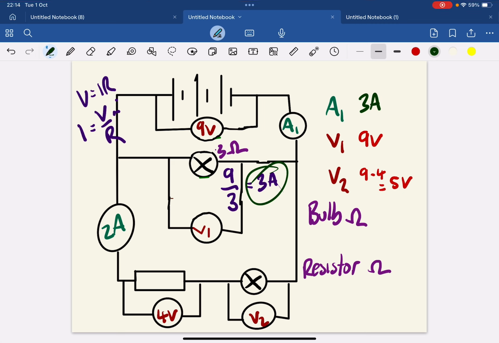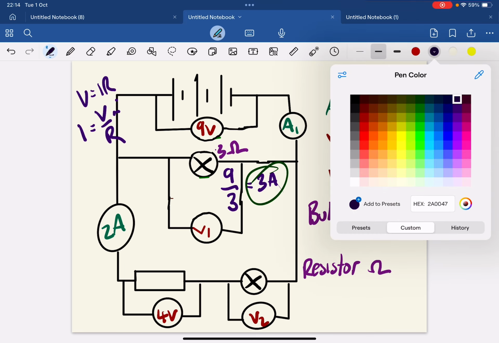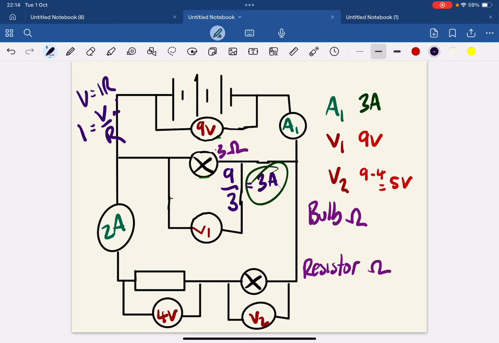So then we can work out the resistance of our bulb and our resistor. So our bulb has got V2 potential difference, so that's going to be 5 volts. So just like before, using this calculation over here, we want to work out the resistance.